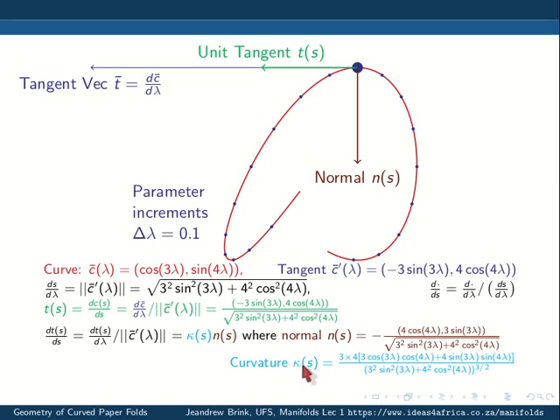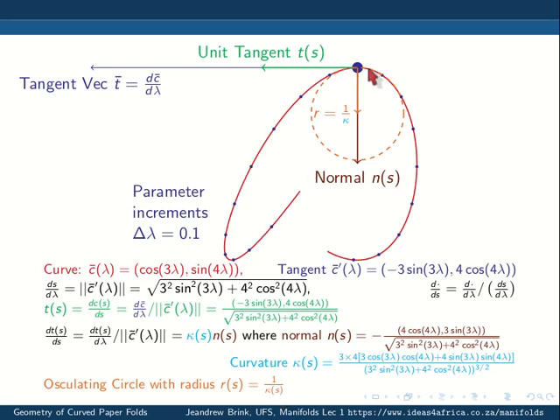If you plot a circle tangent at that point with a radius of 1 over the curvature, with its midpoint along the normal vector, you get what they call the osculating circle, with radius r of s equal to 1 over kappa of s.